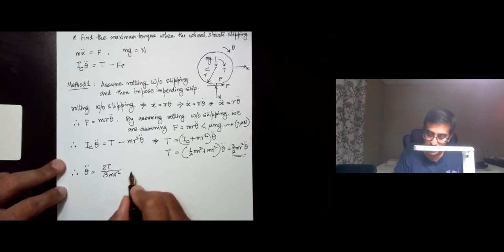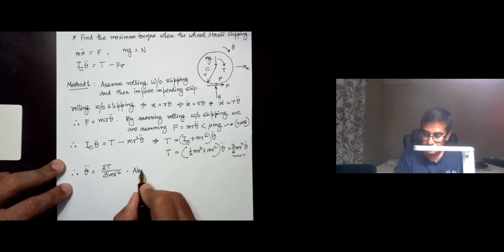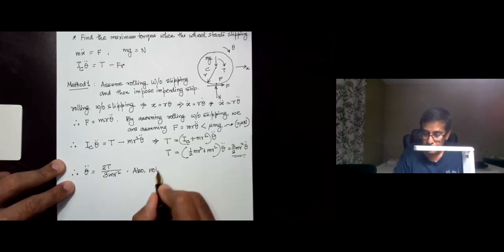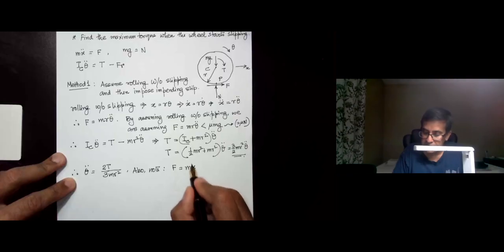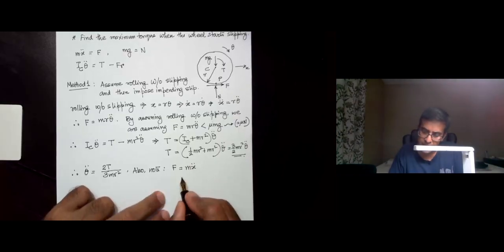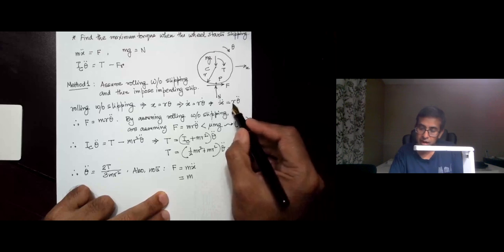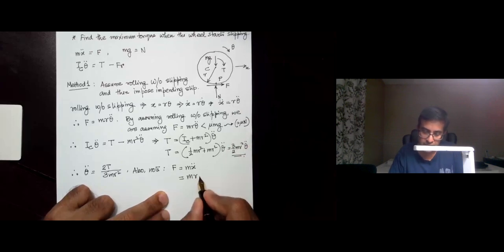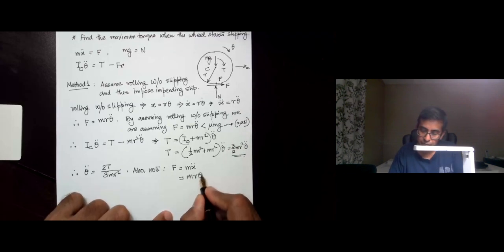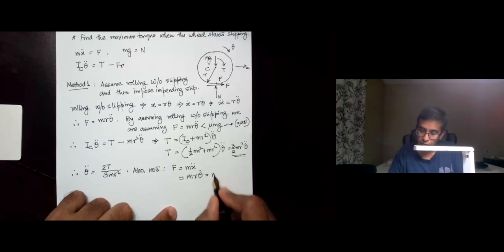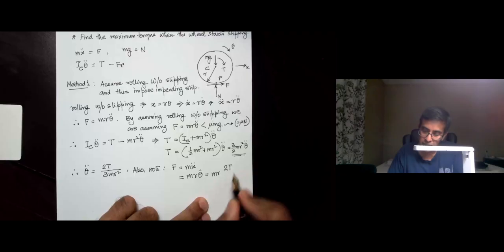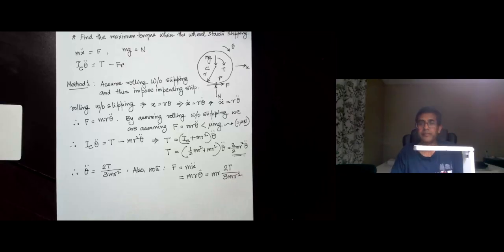Now we know that F is equal to m x double dot, and x double dot is r theta double dot. So we can substitute r theta double dot followed by the expression for theta double dot, which is 2T over 3 m r squared.